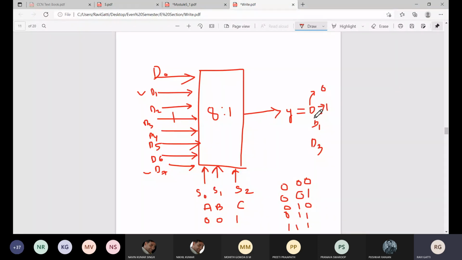If D0 is 0, you'll get y equal to 0. If D0 is 1, you'll get 1. So in a mux we are selecting the input line, not 0 and 1. Based upon what the input has, you will get the output. Did you understand this? Yes, sir.